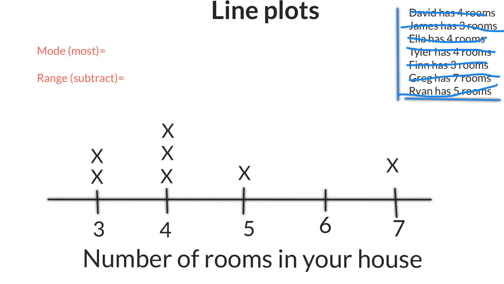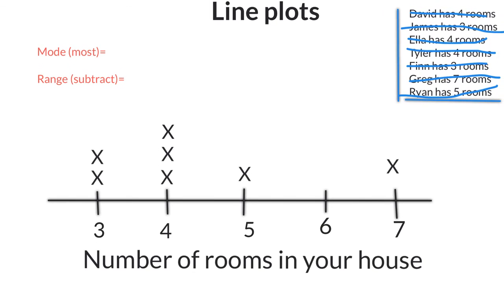So which of these line plots has the most x's? Which number has the most x's? Well, we can see here that the 4 rooms has the 3 x's. So our mode for this one is going to be this number 4.